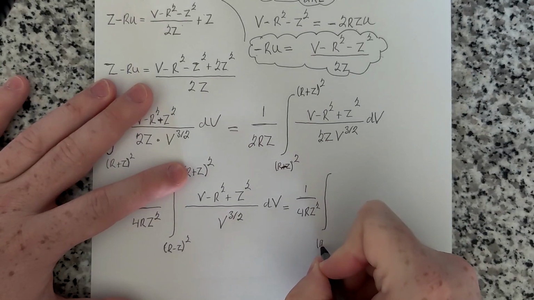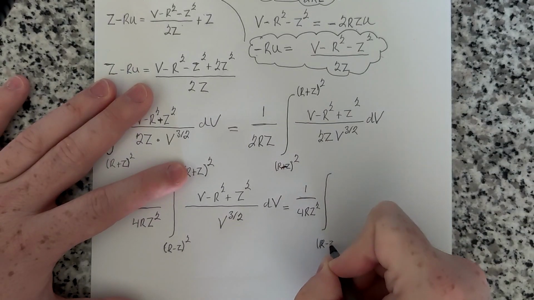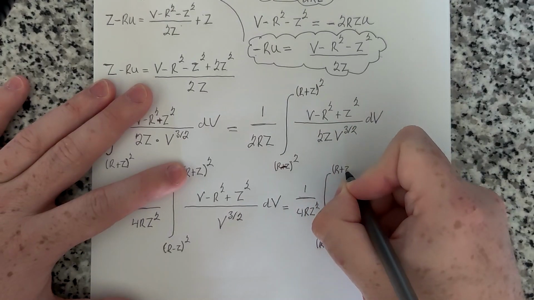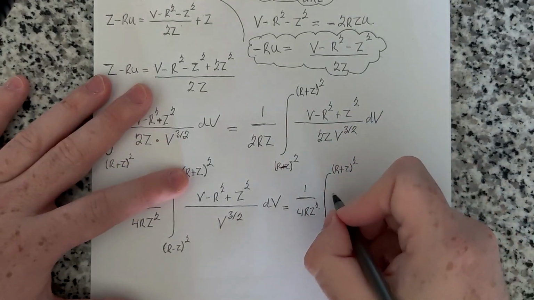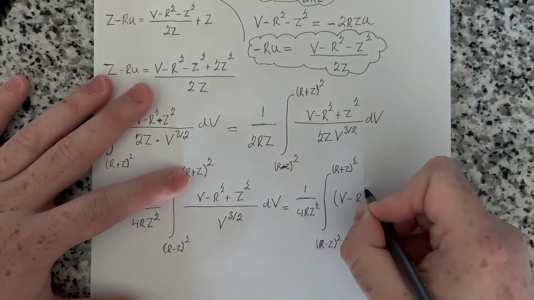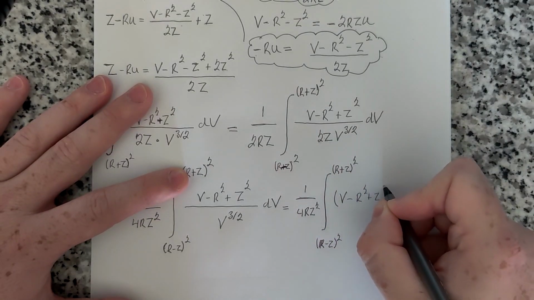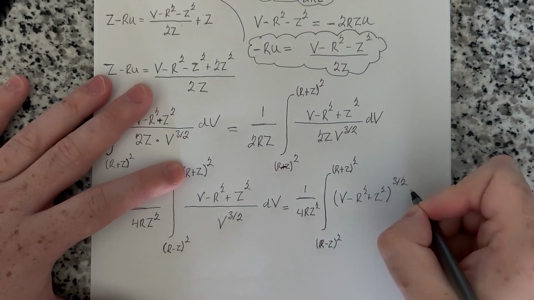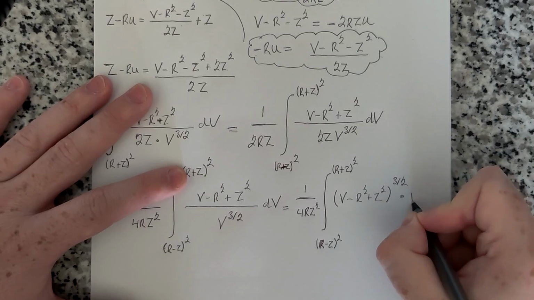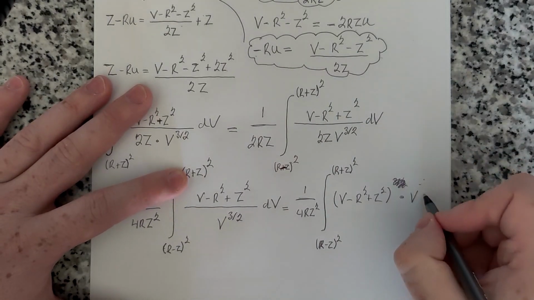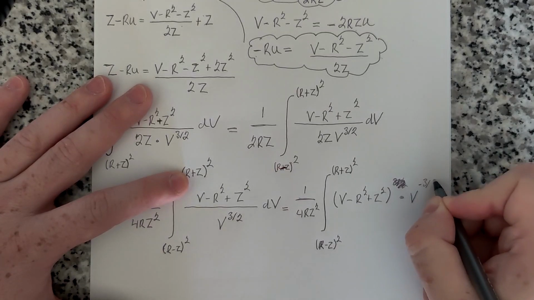So we have r plus z squared. So we have our v minus r squared plus z squared to the 3/2 power times v to the minus, sorry, I didn't mean to write that, v to the minus 3/2 power.